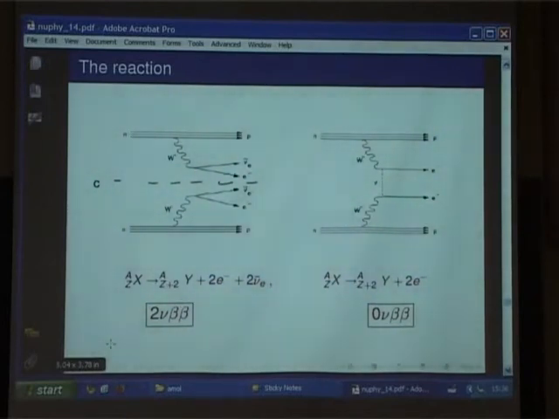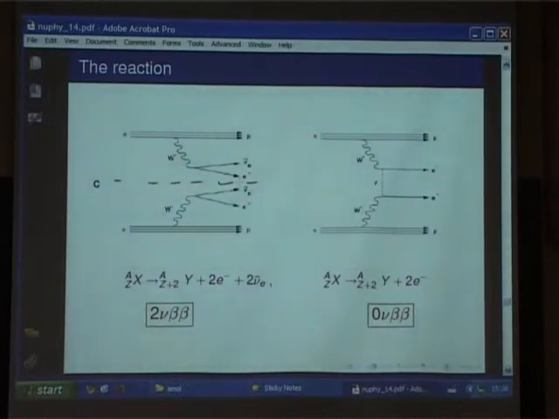However, it is in principle possible to have a process where no neutrino comes out. So this nucleus decays by giving out 2 electrons, but no neutrino. It's called 0 nu beta beta.